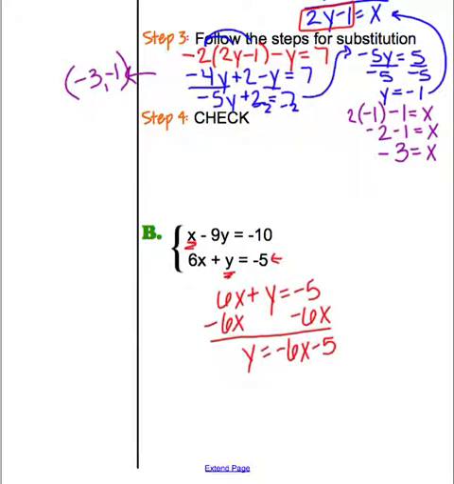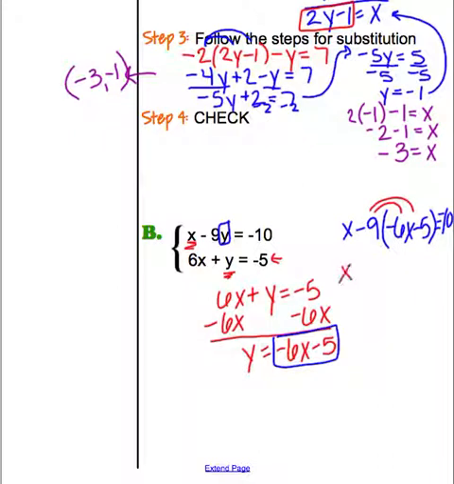So I will box that in since we just solved for it, and I'm going to box in the y in the other equation. Then when I put it in there, I get x minus 9y, and y is equal to negative 6x minus 5, and that is equal to negative 10. So we can distribute that 9.